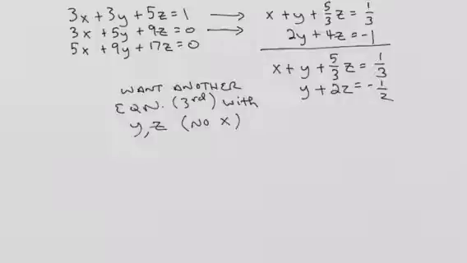It's going to take 2 steps to do that, I think. A lot of this stuff doesn't really matter because it's more about just getting through the process. I'm going to take this equation and this equation.